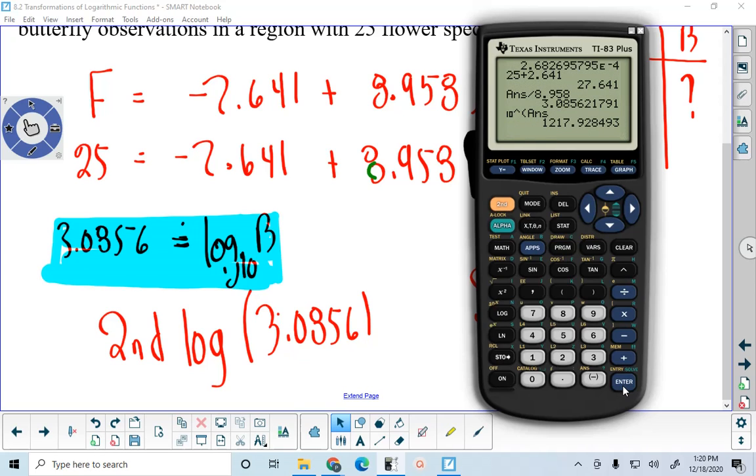So if there were 25 different flower species, you would expect there to be around 1,200. It's not exact, right? You're not going to have 1,217.928 of a butterfly, like some kind of part of a butterfly sitting there on the ground. You'd probably just round it to 1,218. Any questions with that last example?